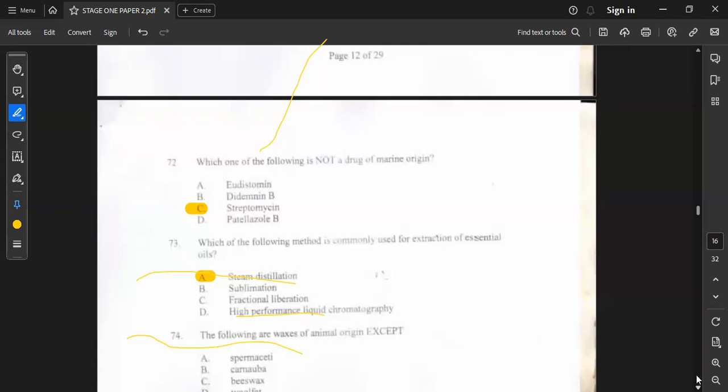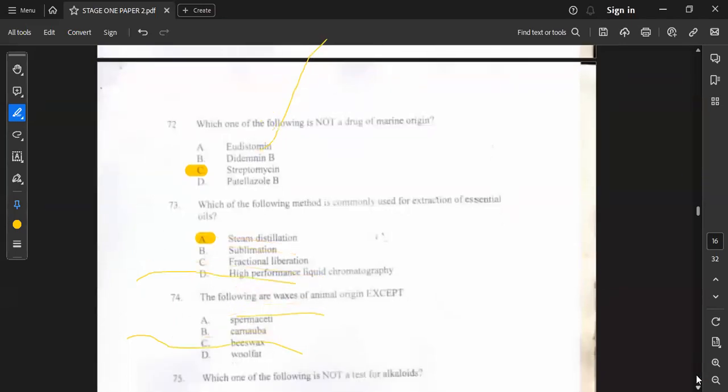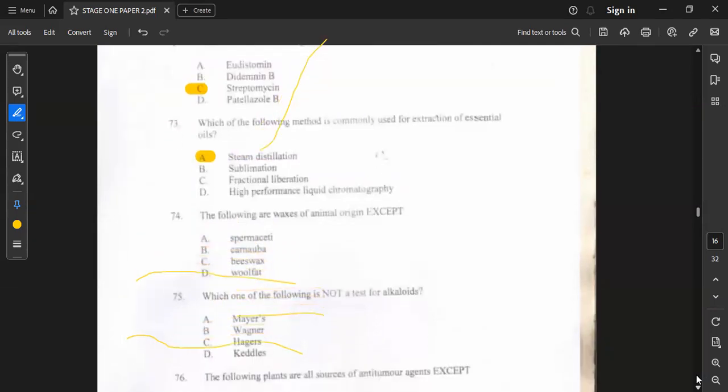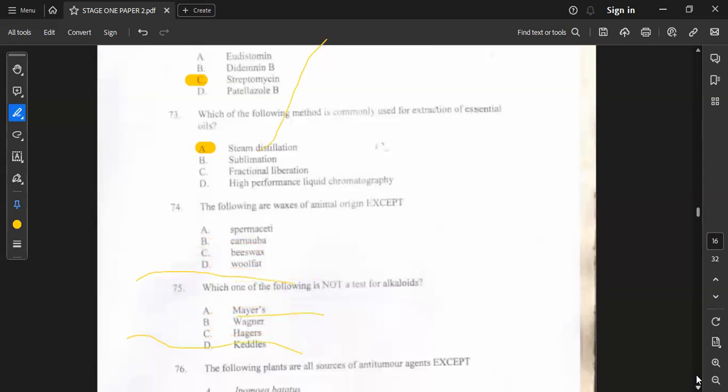Anybody else wants to do any addition? I will just continue. The following are waxes of animal origin except spermaceti, carnauba, beeswax, and wool fat.